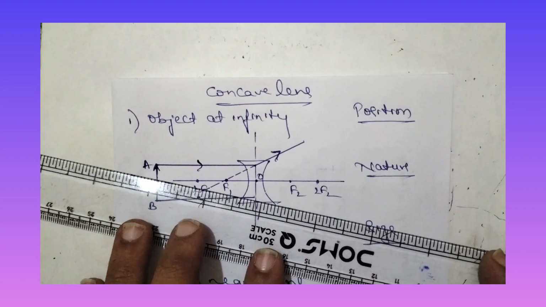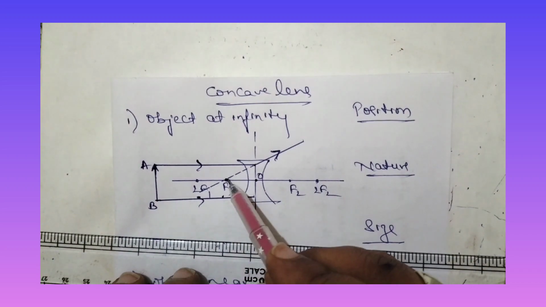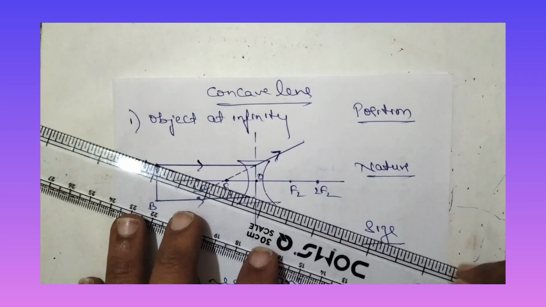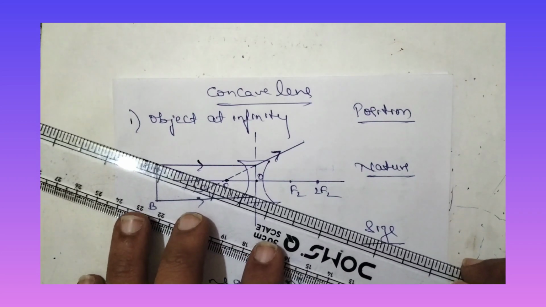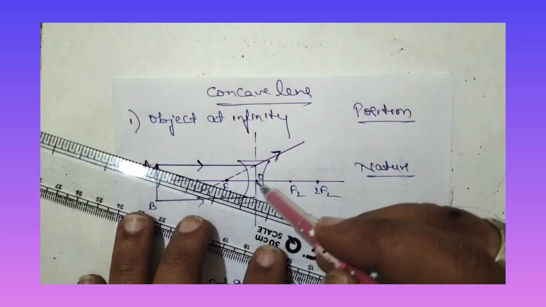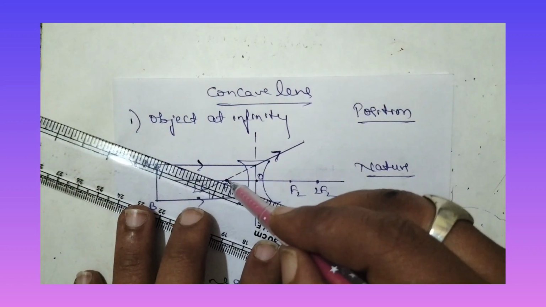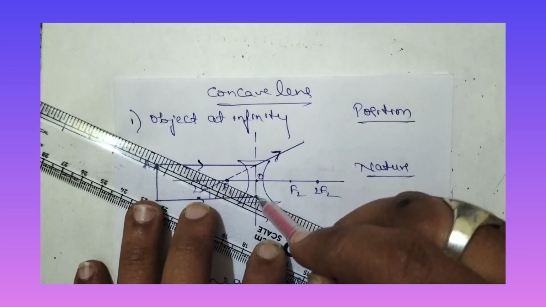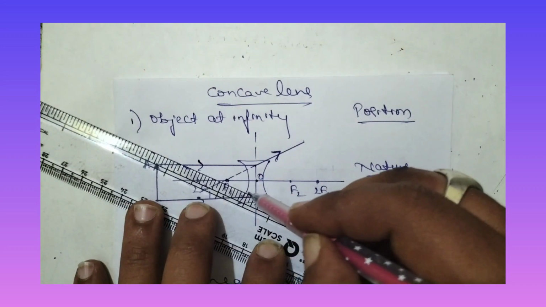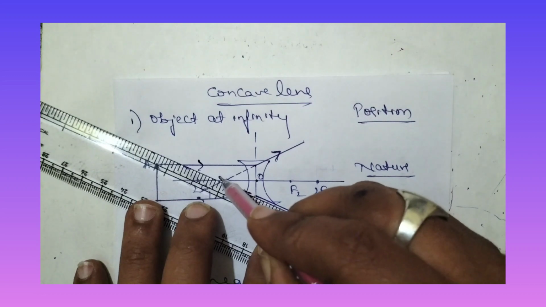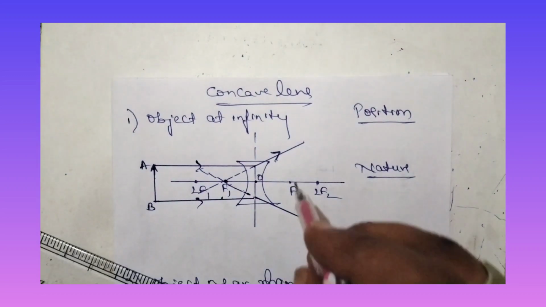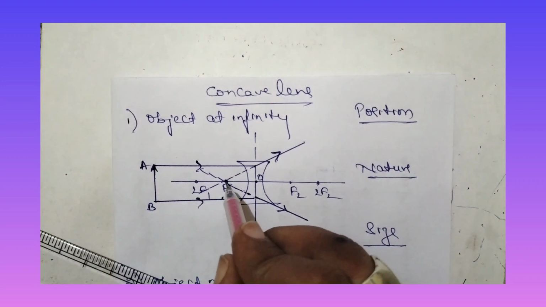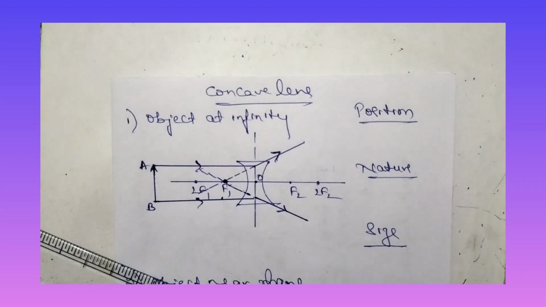So here also, its path should be like this, it should deviate in this direction. Instead of that, it passes through the principal focus.